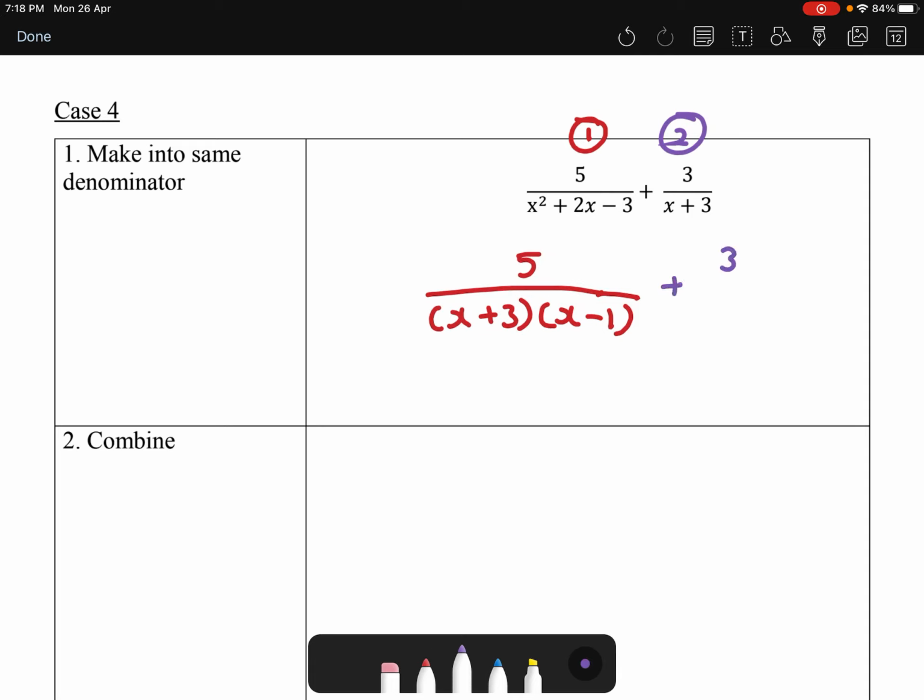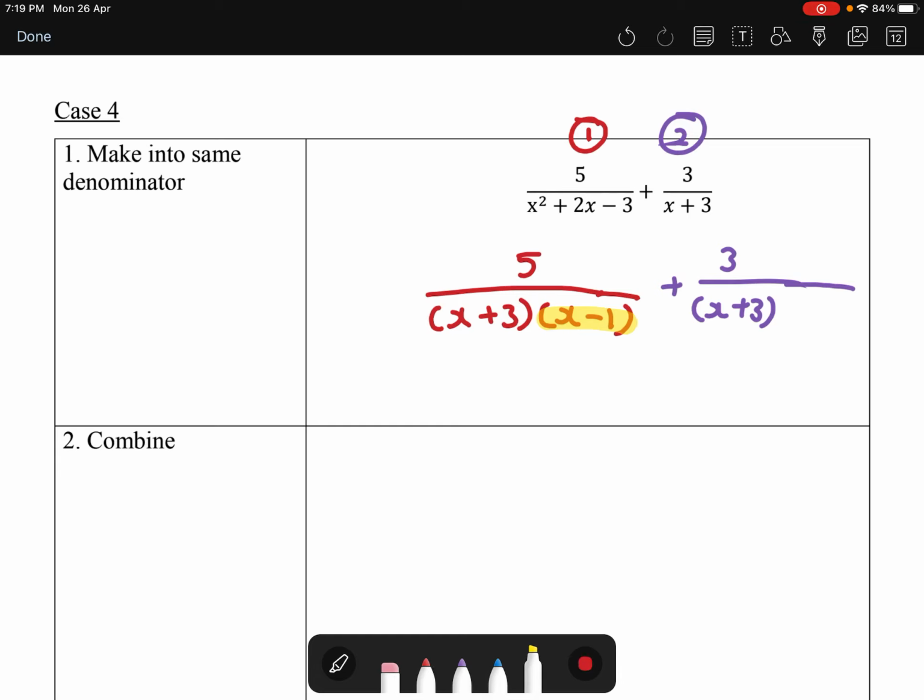Second term, 3 over x plus 3. Now the only difference between the first and second term is this: x plus 3 is the denominator for the second term.